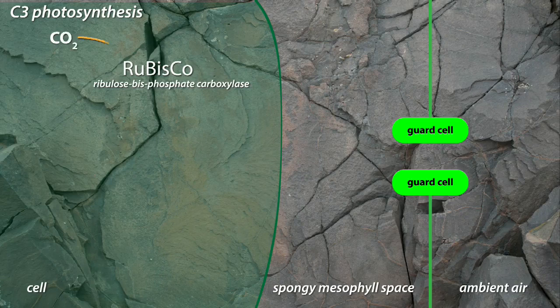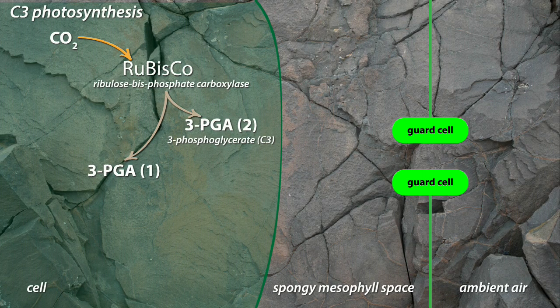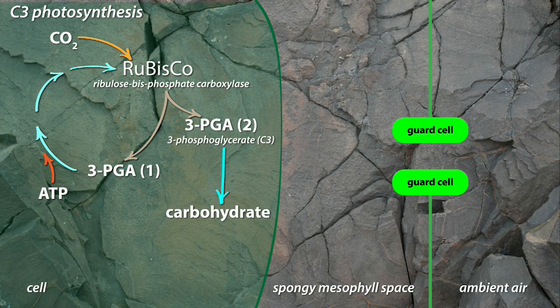CO2 is fed into Rubisco, which forms two molecules of 3-phosphoglycerate, or 3-PGA for short. These both contain 3 carbons, which is where C3 photosynthesis gets its name. One of these PGAs cycles back to reform Rubisco, consuming energy in the process. The other feeds into the production of carbohydrate.